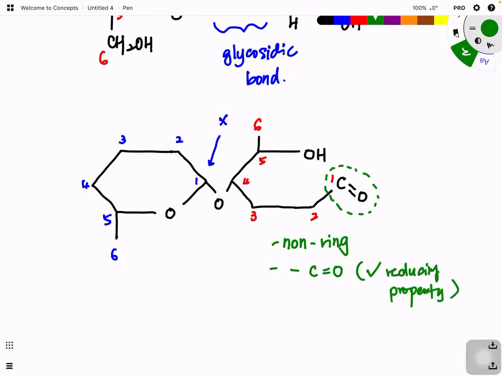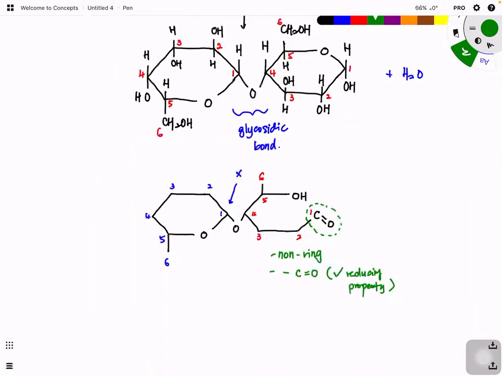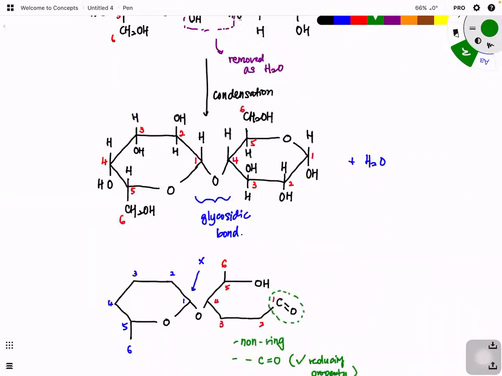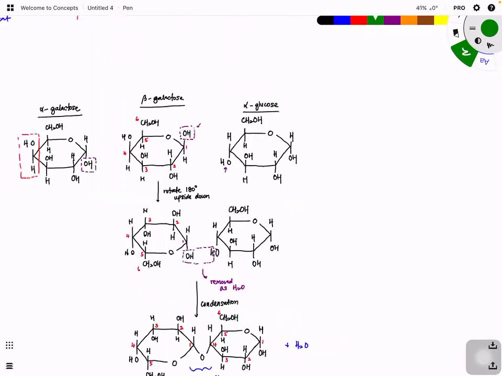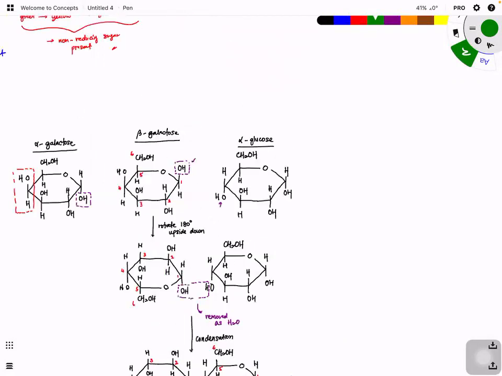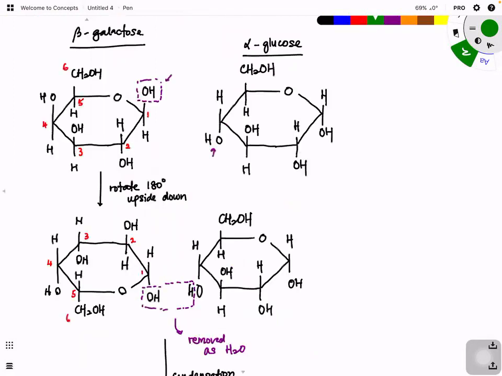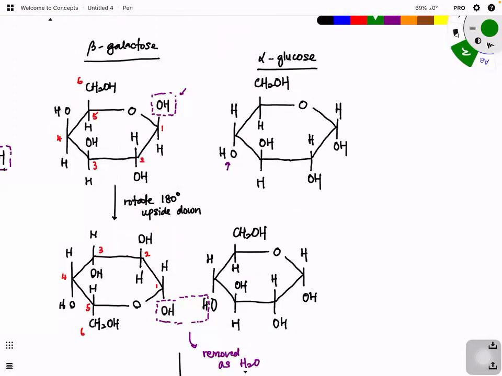Okay, so you need to copy, you can take a photo. So the first part, you can compare between the beta glucose and alpha glucose first. Okay, you can take a photo. So how we rotate it 180 degrees upside down.